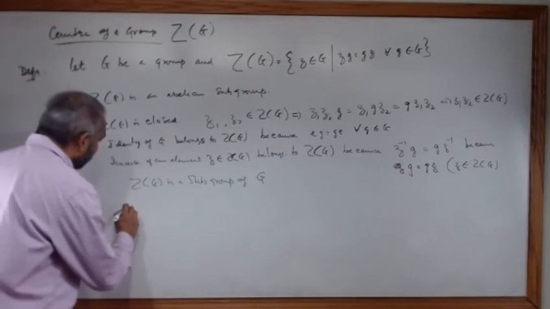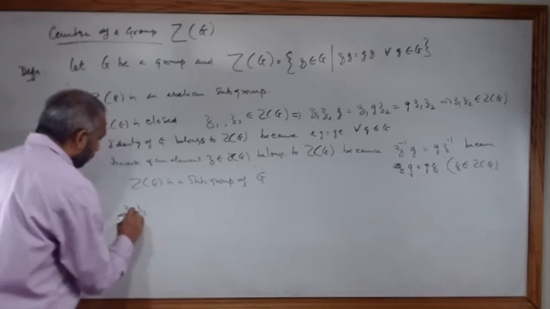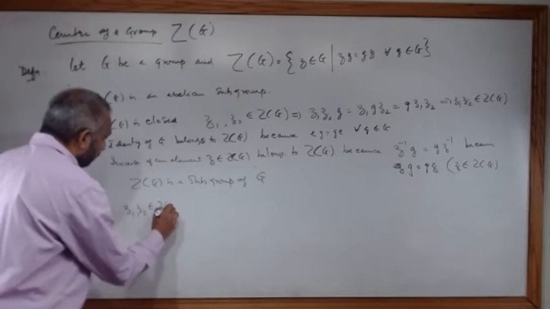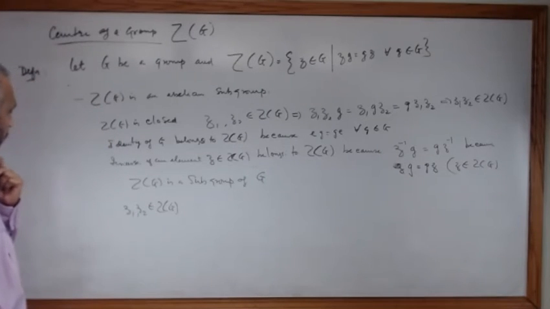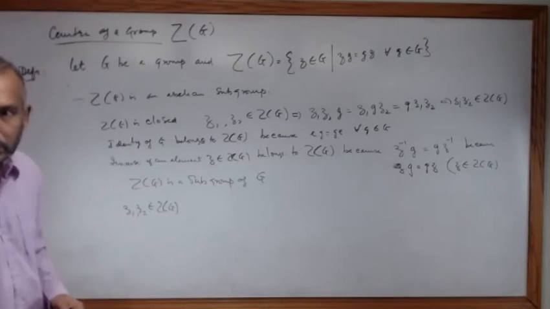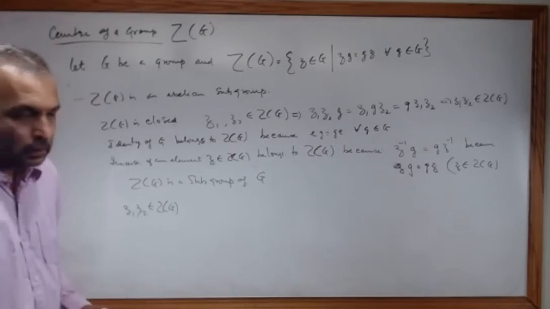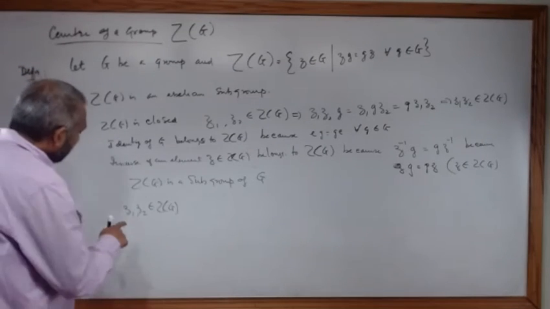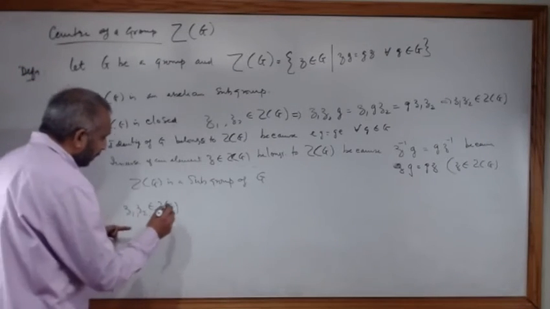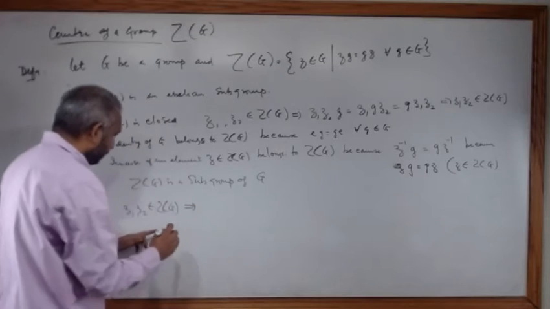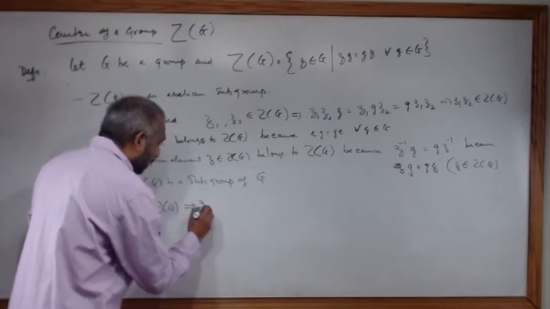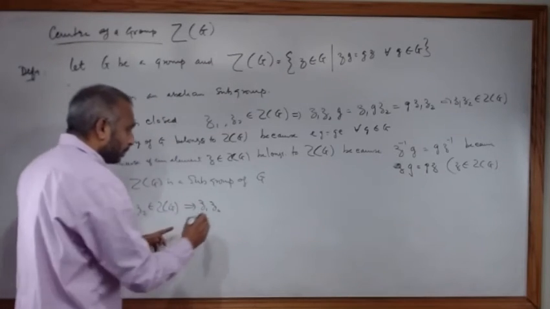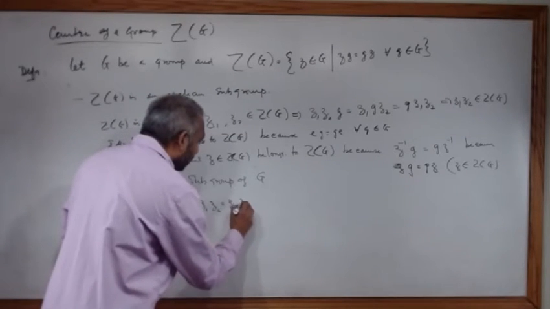What we need to prove is z1, z2 belongs to Z of G. So z1 comma z2 belongs to G. That implies, it is actually trivial, because z1 z2 is equal to z2 z1.